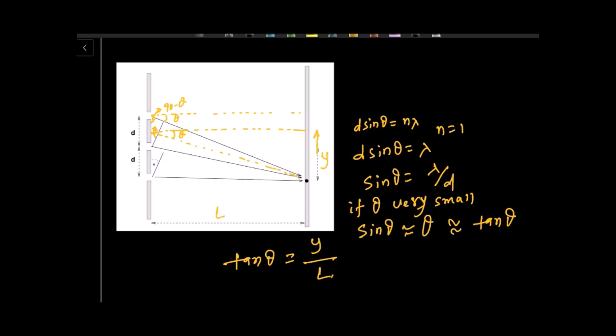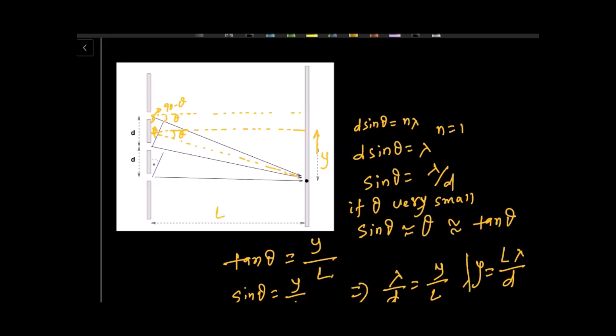Because for a very small angle theta, sine theta and tan theta are nearly equal, we can write y upon L in place of sine theta, and from here lambda upon d is equal to y upon L. So y is equal to L lambda by d.